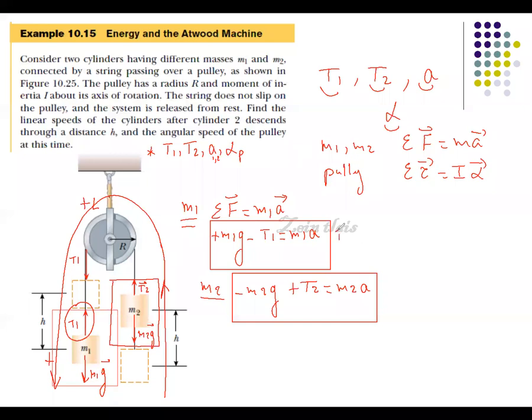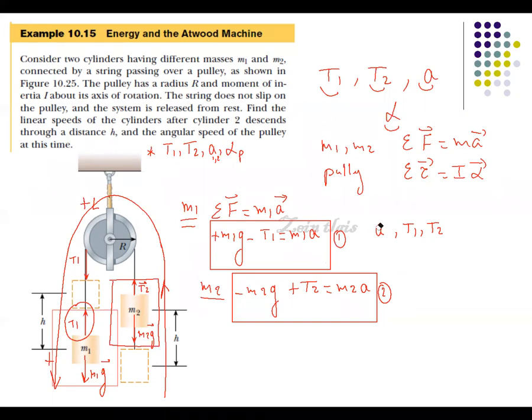So equation 1, equation 2. We have to find also a relation between T1 and T2, because for these equations we have A unknown, T1 unknown, T2 unknown. So we have 3 unknowns for 2 equations. It's not enough. We have to find another equation.